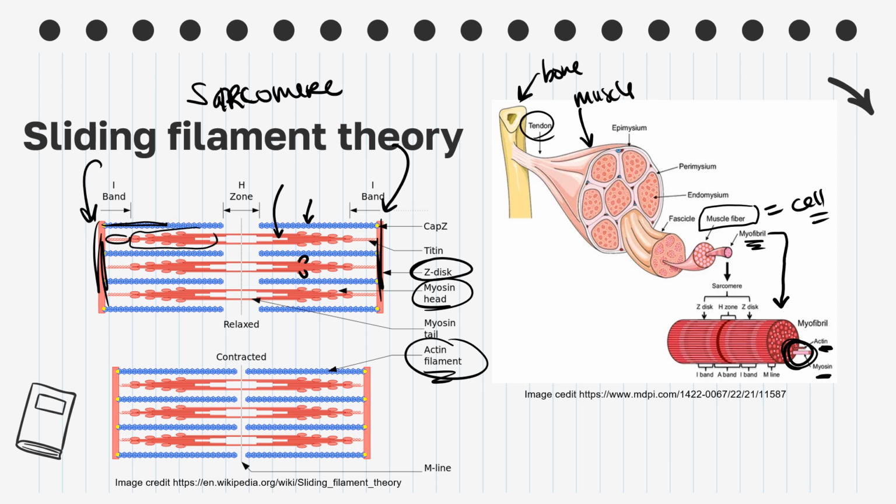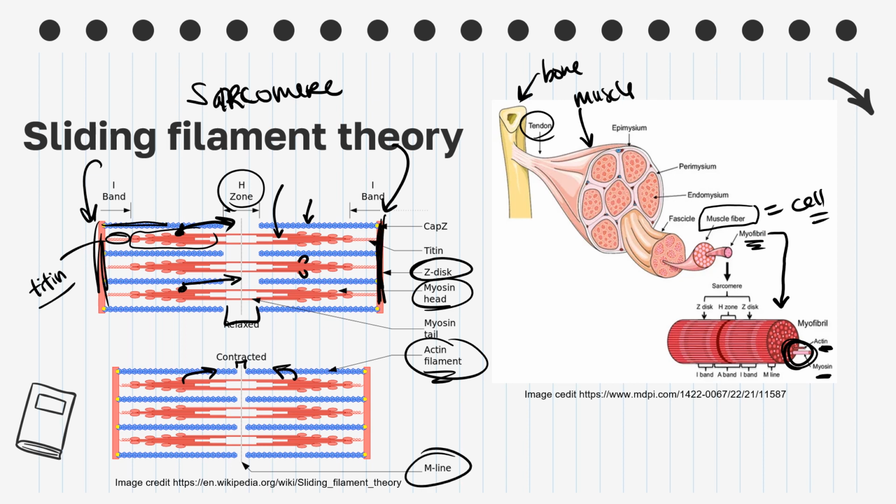The myosin is attached to the Z disc with another protein that we're going to talk about in a couple slides called titin. And what's pretty cool is that these myosin heads can bind to the actin filaments and pull them. You can see this H zone here. When those myosin heads bind to the actin filaments and pull them, that H zone gets smaller because the myosin pulled those actin filaments closer to what we call the M line in the middle.